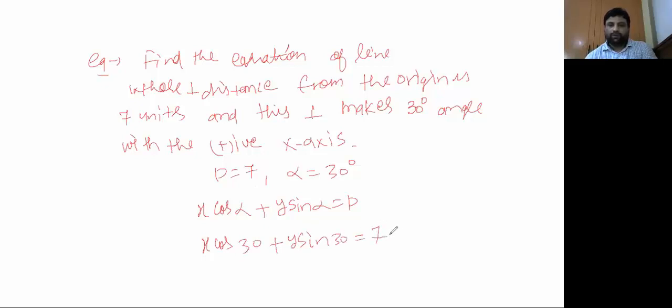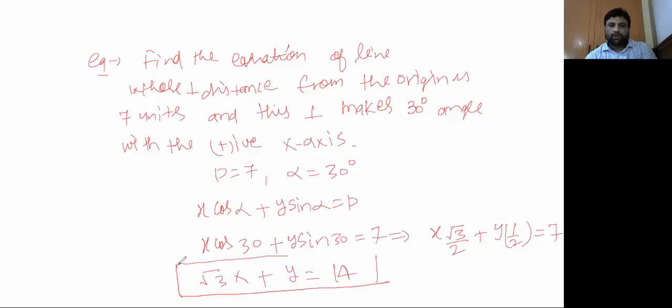Everybody knows the value of cos 30 is root 3 by 2 and the value of sin 30 is 1 by 2. We can simplify: root 3 x plus y is equal to 14. So this will become the equation of the line.